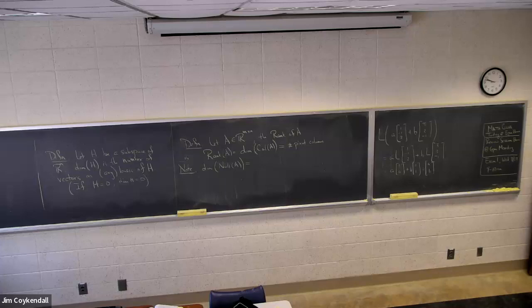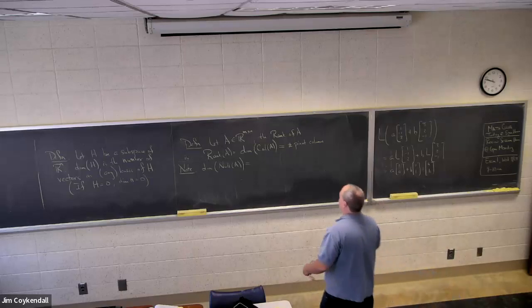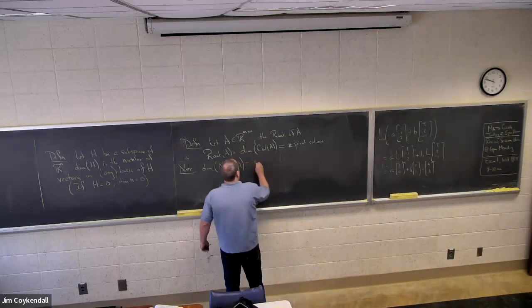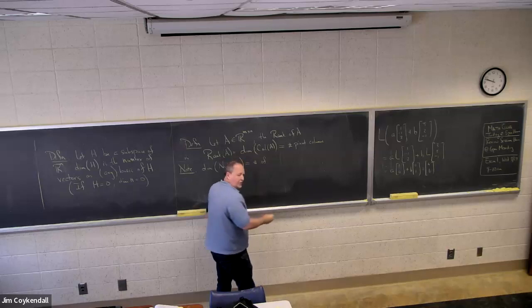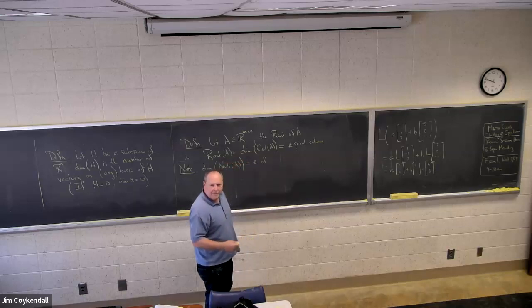Whenever we're computing the null space, the number of free variables is the number of parameters. It's the dimension of the null space, right? Everybody okay with that? So what's the number of free variables? That's the same thing as the number of non-pivot columns, right?